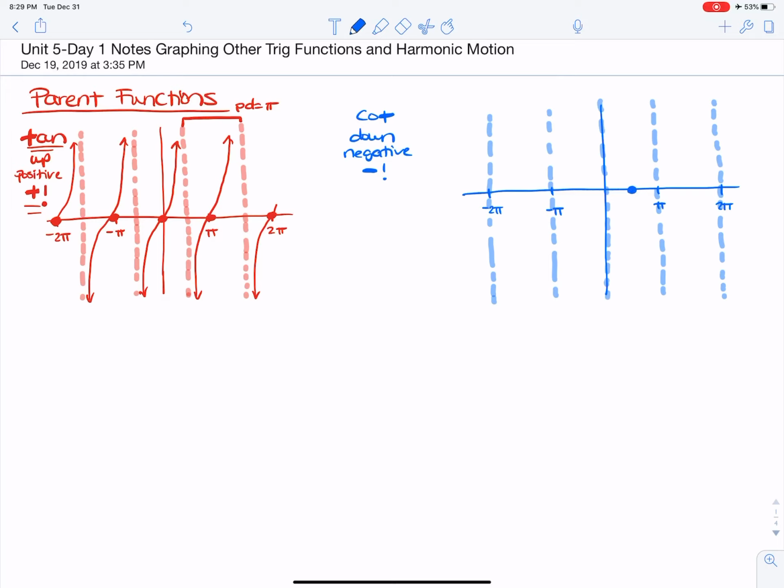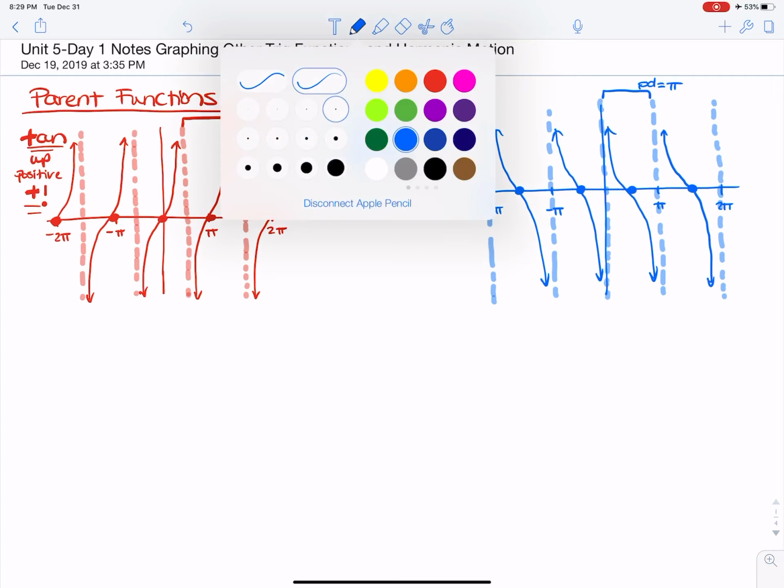The points that the tangent function had land in between the asymptotes, just like the tangent function did, but our curve goes down just like this. And this is the cotangent function. Can you guess what the period is? Pi. The period is pi, because every pi this repeats. And those are those two functions.